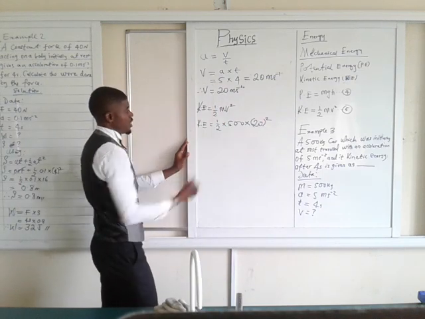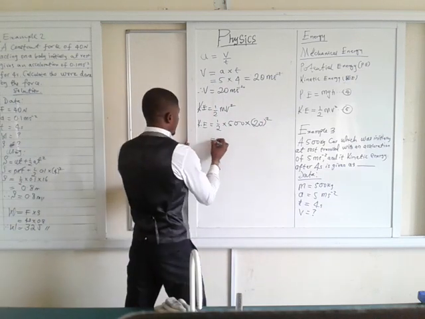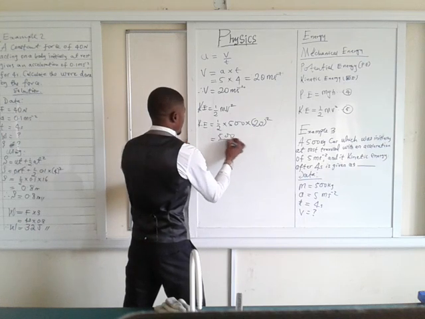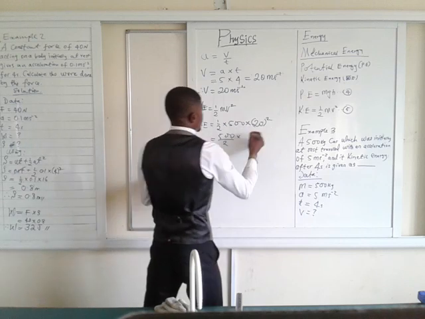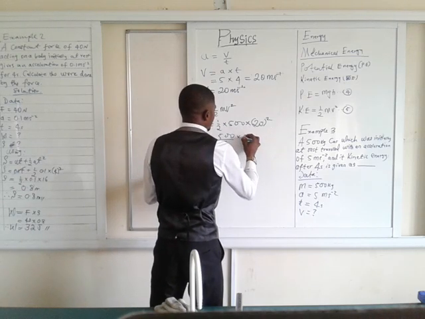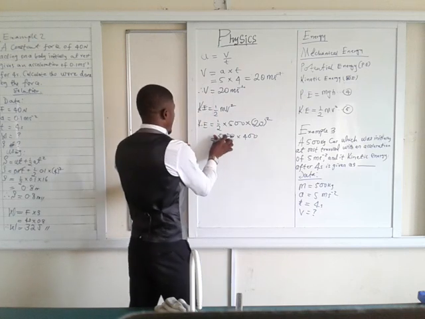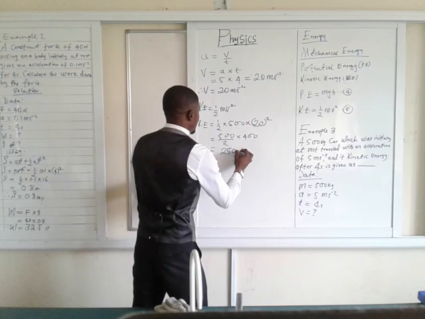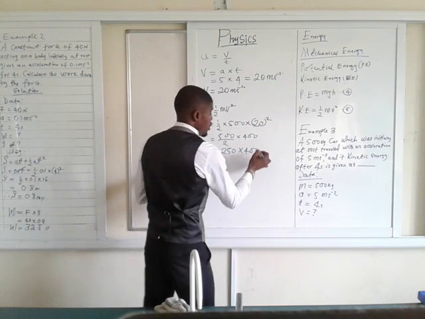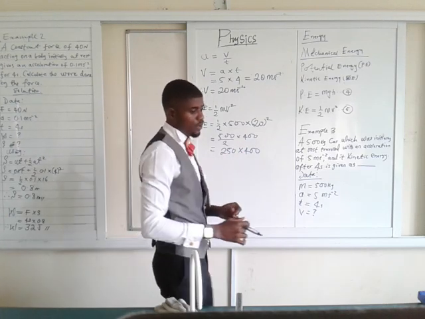So 500 by 2 times 20 squared: 20 squared will give you 400. And 500 by 2, you have 250, times 400.